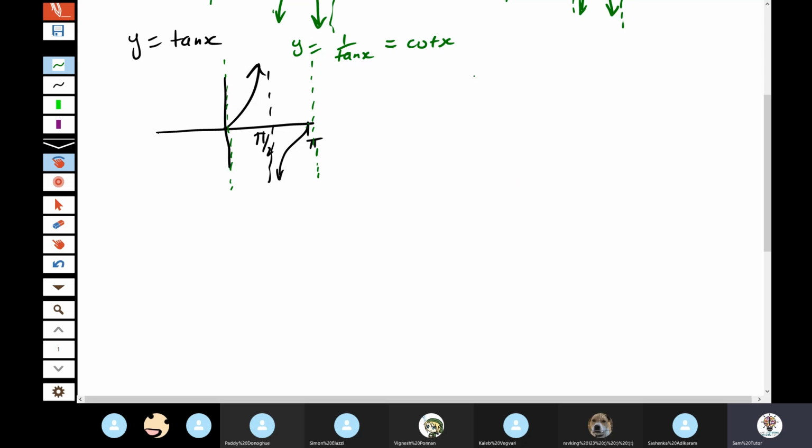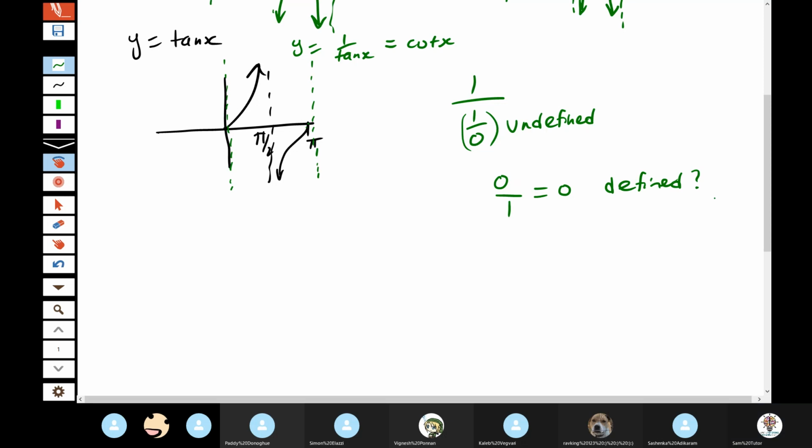But let's have a look at something. 1 over 0 is undefined. 1 over an undefined, well, 1 over a fraction actually is the reciprocal of the fraction. So that becomes 0. 1 over undefined somehow becomes defined. So 1 over something that doesn't work actually works. Technically it doesn't work though, but I'll explain that in a second.